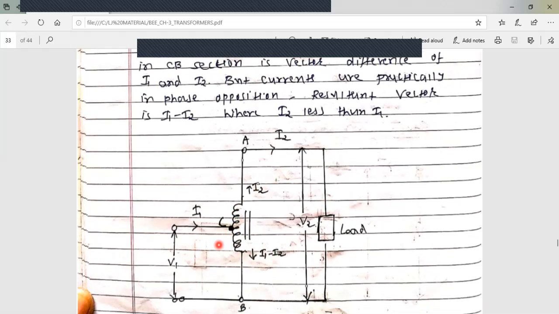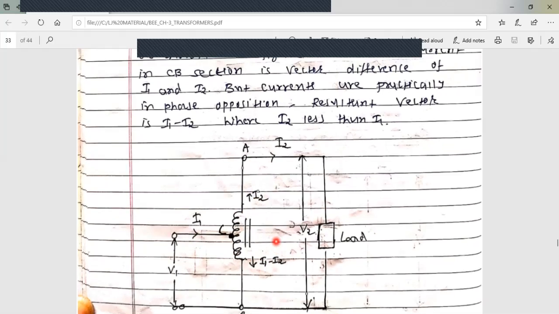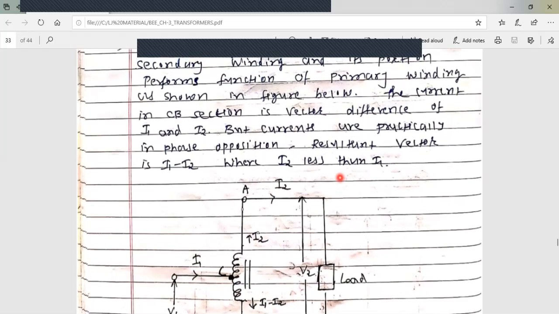So here, if I1 is entering the terminal and I2 is going out to the secondary winding, then the current from C to B is I1 minus I2. So the current in section CB is the vector difference of I1 and I2.